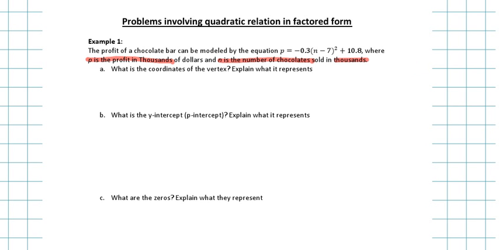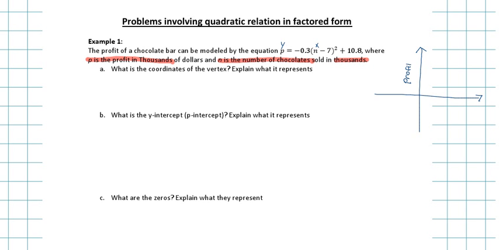Because you're always imagining this as Y and X, right? So if I'm going to graph this, what's going to go where? On the Y-axis, I'm going to have the profit.